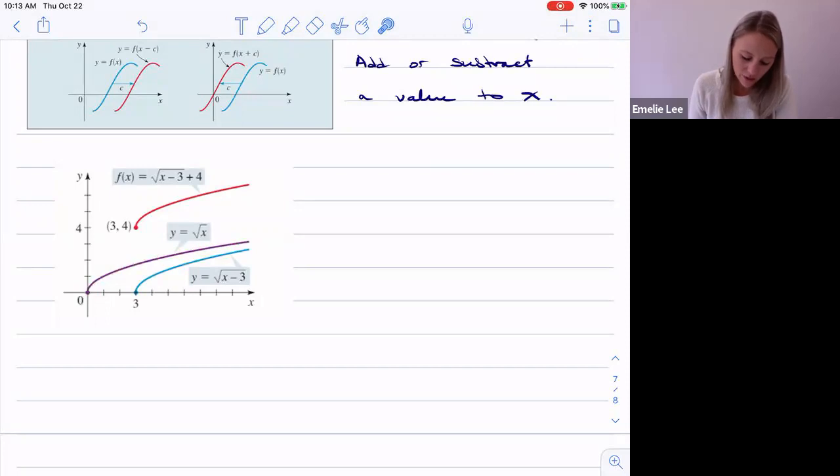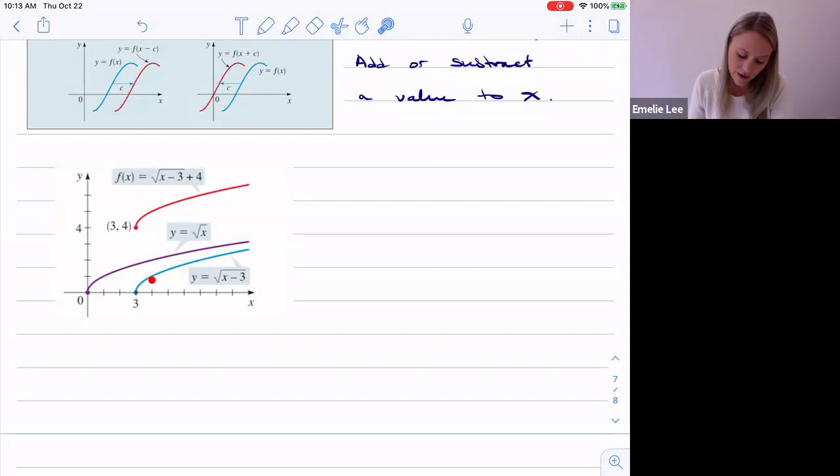So we start with this basic y equals root x. Then if I do the root of x minus 3, it actually behaves different than what I want it to do. What happens is this whole purple line gets shifted over by 3 units to the right.